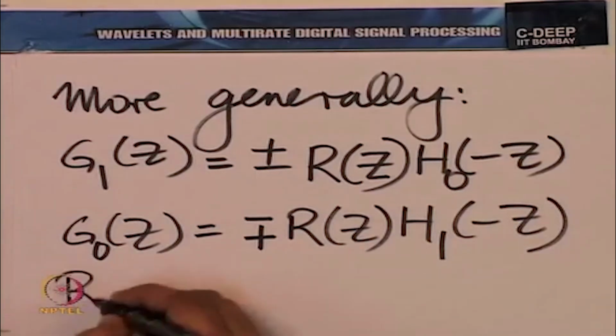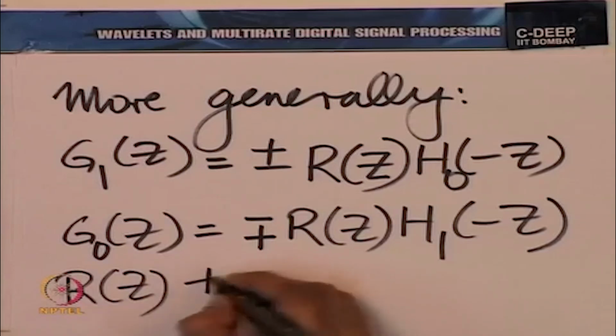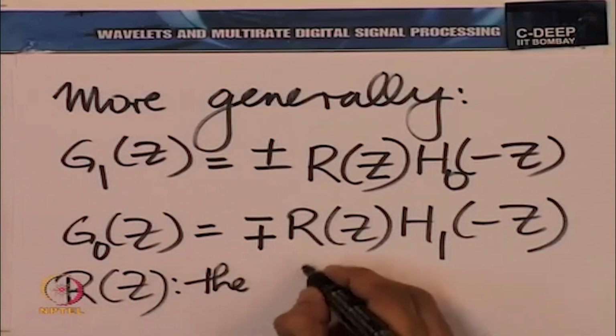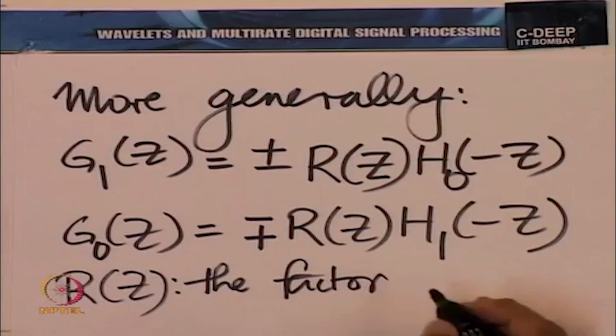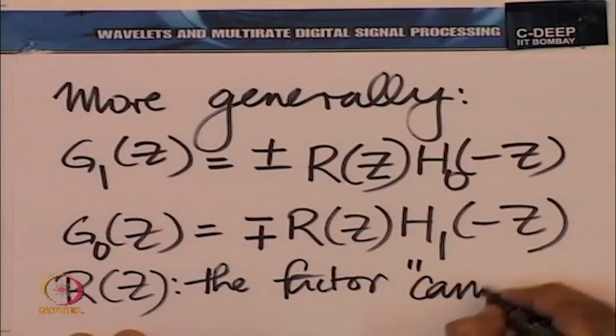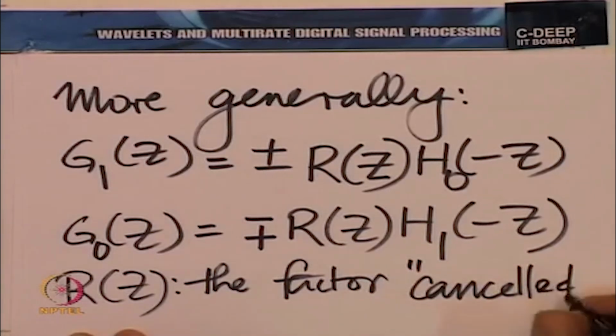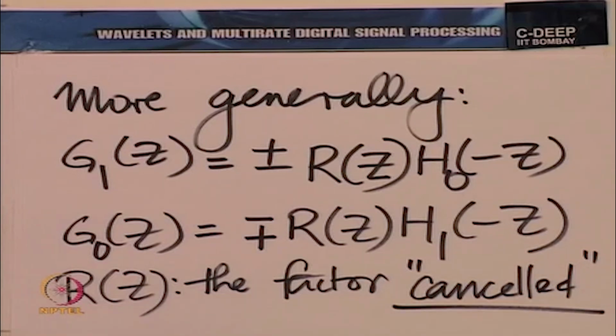So, r z is in some sense the factor cancelled. When you divide g 0 z by g 1 z, some factor has been cancelled and what is left is h 0 and h 1. That is the way you should look at it. That is the more general situation.